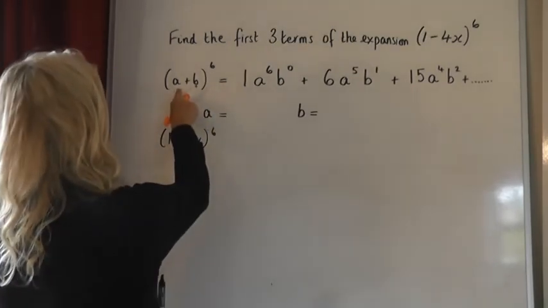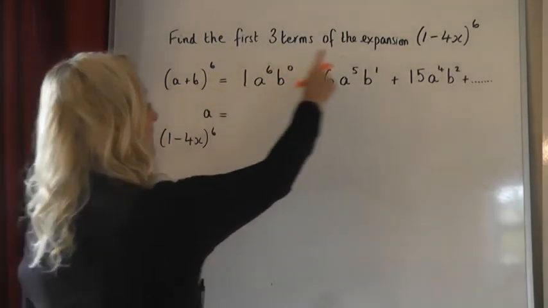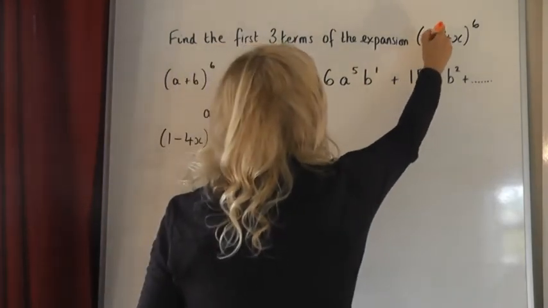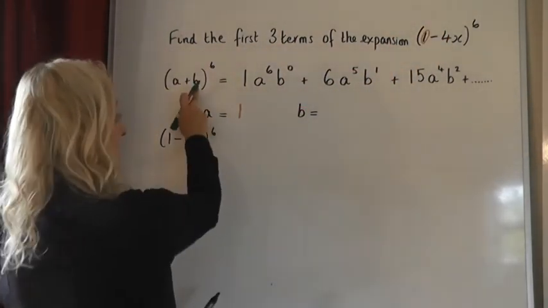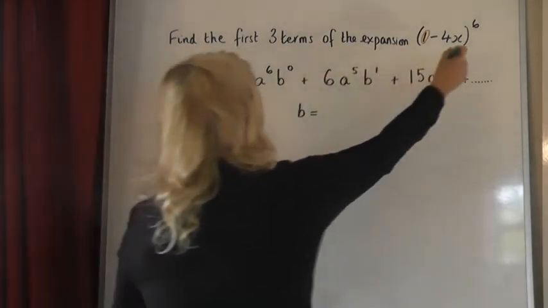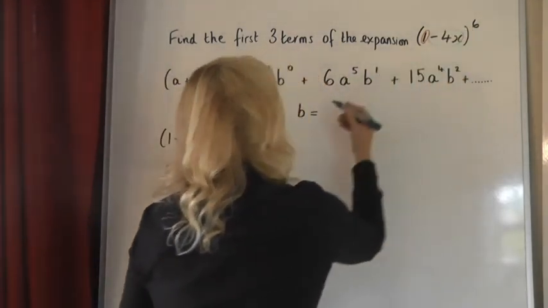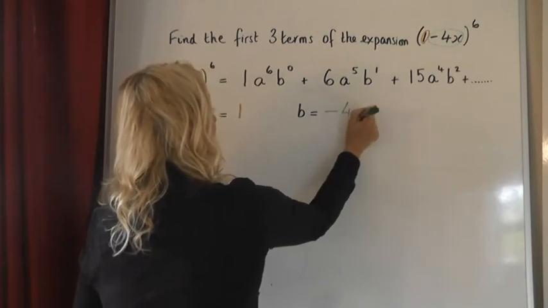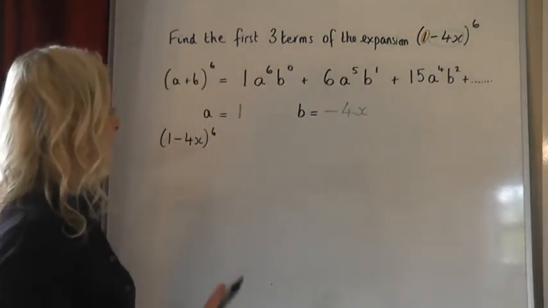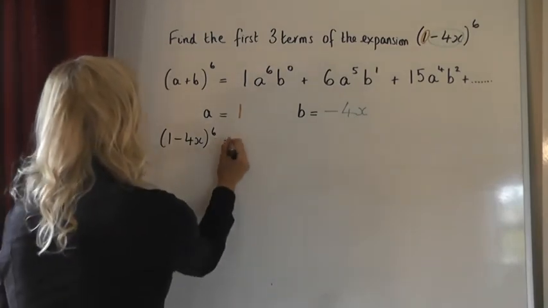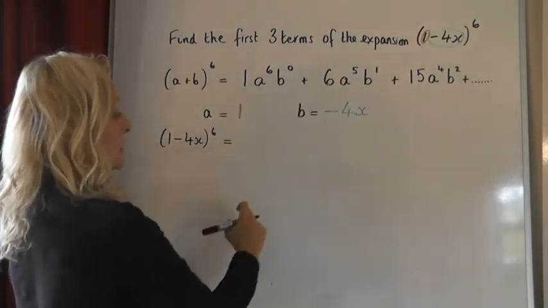Then I need to spot the fact that the first term in the expansion in this case is 1. And then I need to identify the fact that the second term in the expansion, b, is minus 4x. Really important there that I include the minus. Then all I need to do now is substitute for a and b into my expansion.